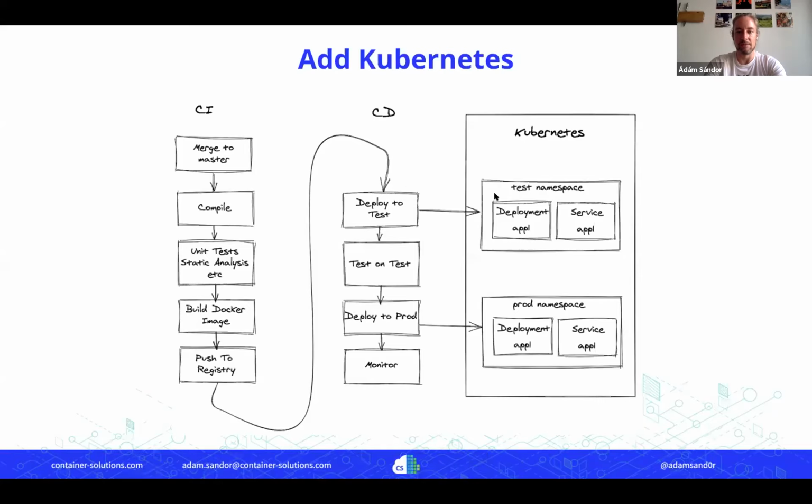The deploy to test will deploy to a namespace on a Kubernetes cluster, creating a deployment object and a service object, and possibly all kinds of other objects depending on what the application needs. And then once we promote, we might be deploying to a namespace on the same Kubernetes cluster or on a completely different Kubernetes cluster, but basically the two deployments are completely the same.